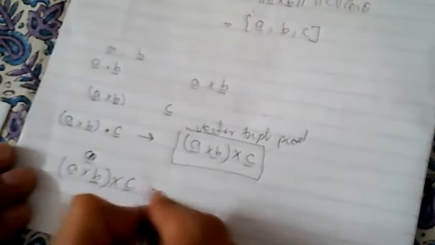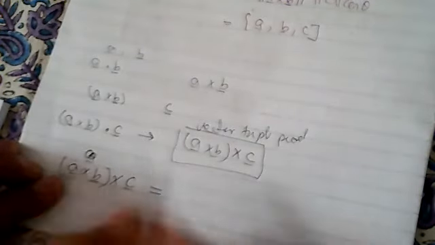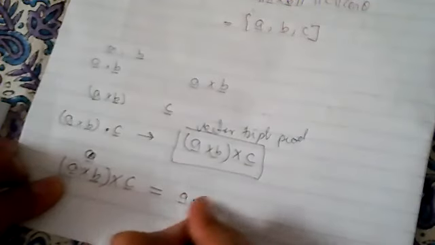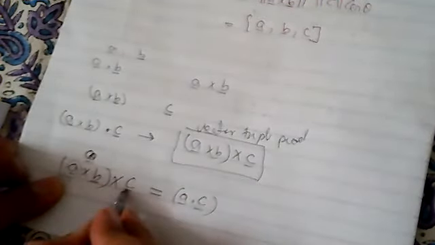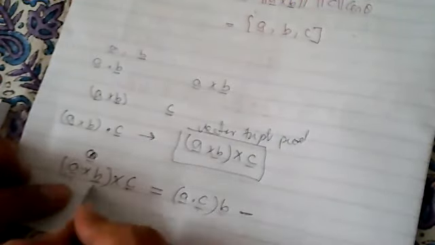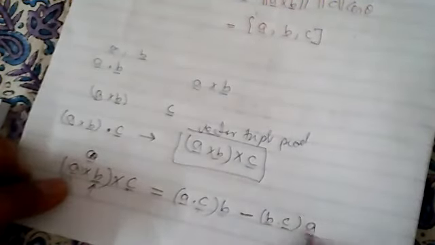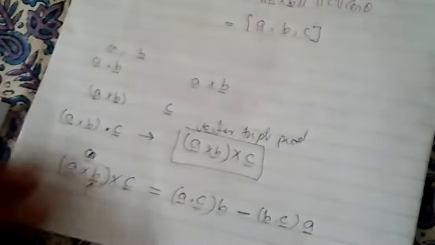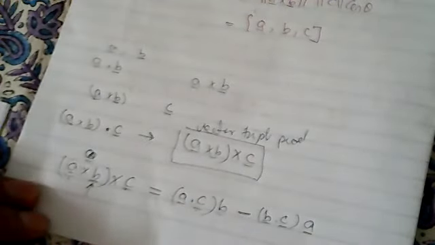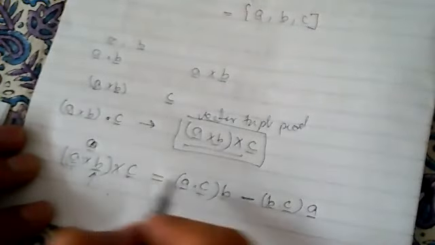A cross B cross C, there is a relation for it: the outer vector dotted with the other, times the second, minus the second dotted with the first, times the first. So this is the relation for the vector triple product. You can find it directly using the property of the cross product, or in this second way.